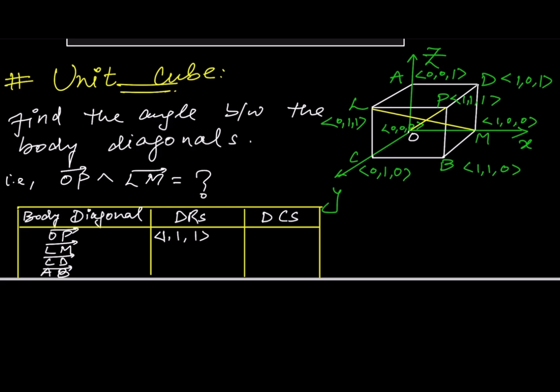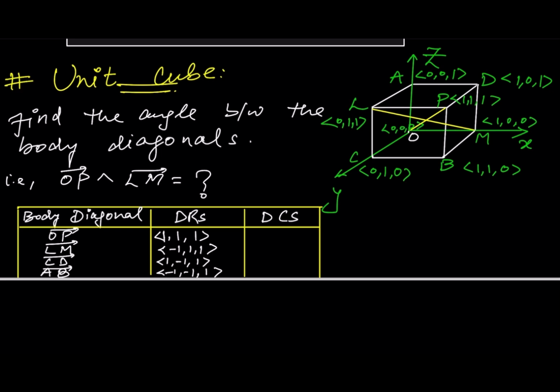Direction ratios of LM are minus 1, 0, minus 1, 1, 1. Direction ratios of CD are 1, minus 1, 1. Direction ratios of AB are minus 1, minus 1, 1.